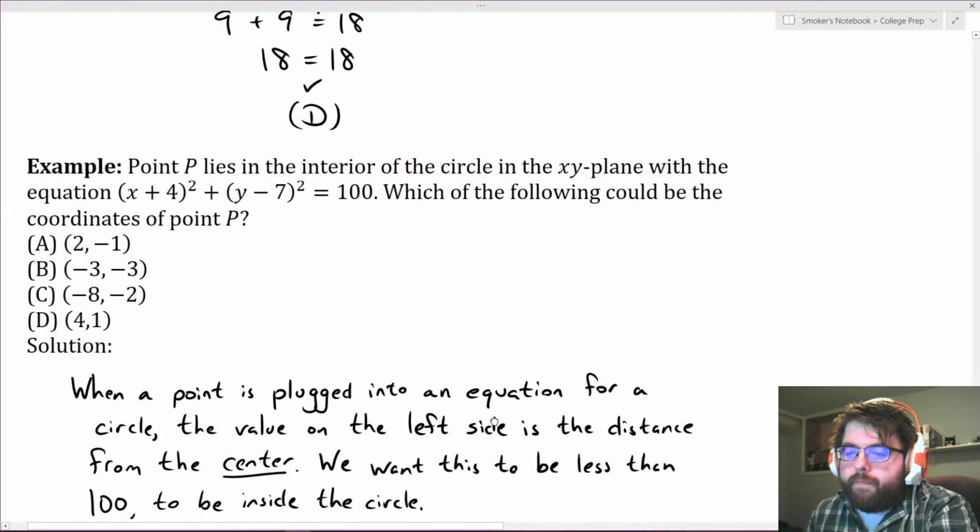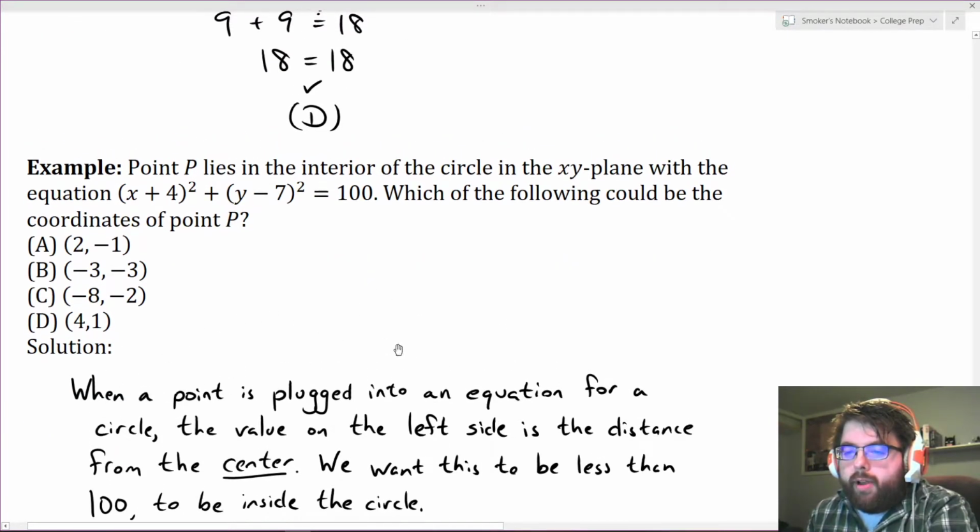So when you plug a point in, the question is, if I evaluate this, is it greater than this side? Let me just pause for a second and gather my thoughts again.